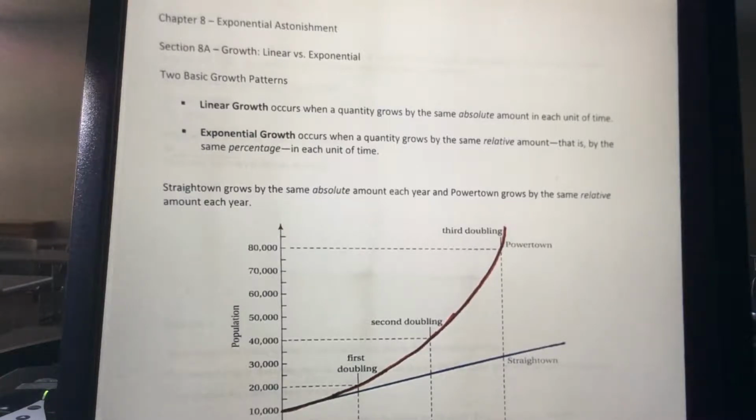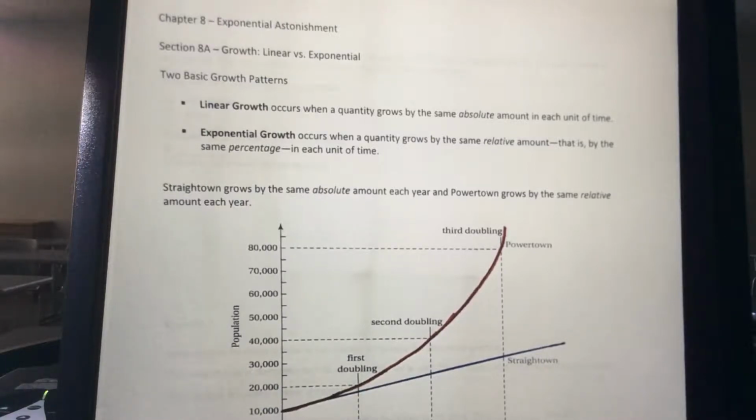So in this case, it's going to be a constant numerical value that increases or decreases over each unit of time. And then exponential growth occurs when the quantity grows by the same relative amount. What that means is by the same percentage in each unit of time.